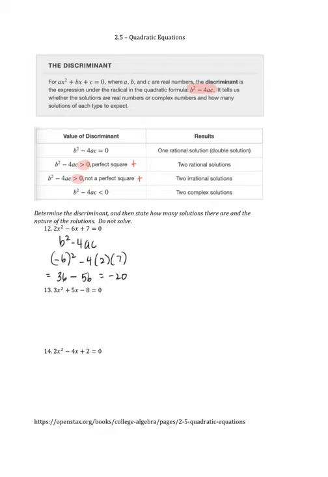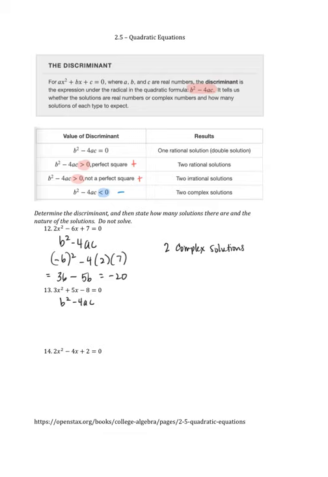And then if it's less than 0, which means it's negative, you have two complex solutions. So our example was negative 20, which means we'll have two complex solutions because it was negative.